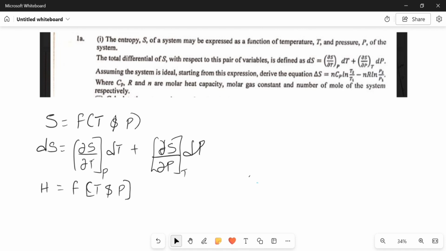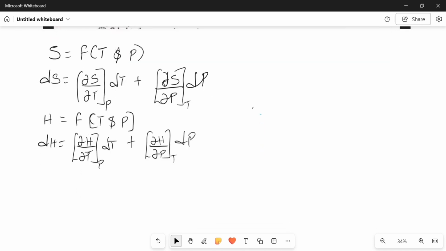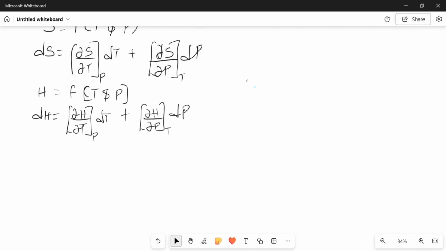So dH is equal to the partial differentiation of H with respect to T at constant pressure dT, plus the partial differentiation of H with respect to pressure at constant temperature dP.